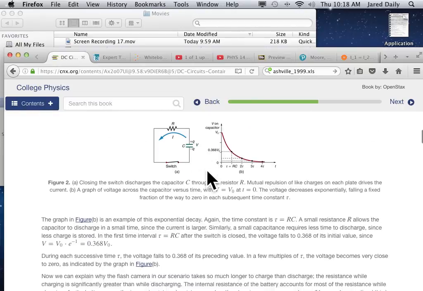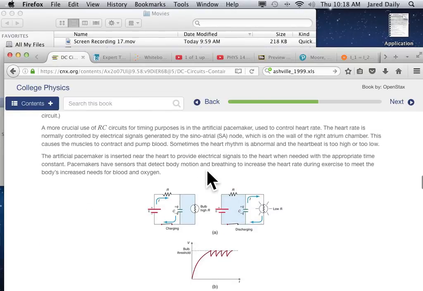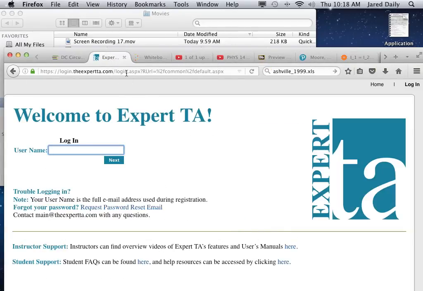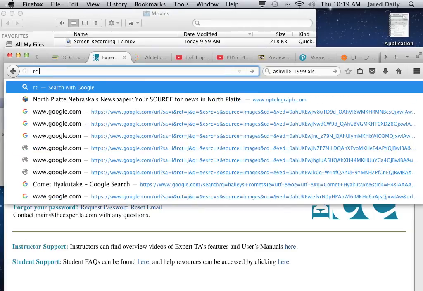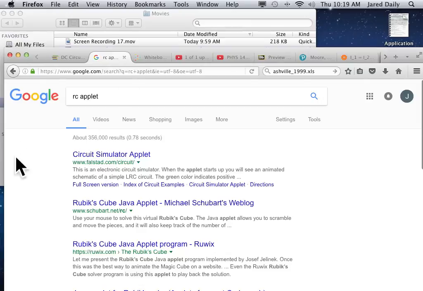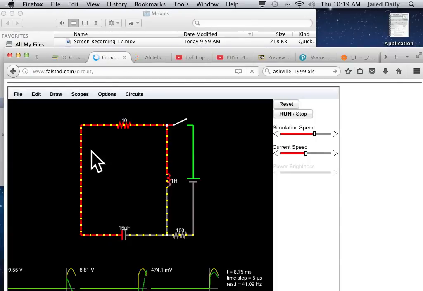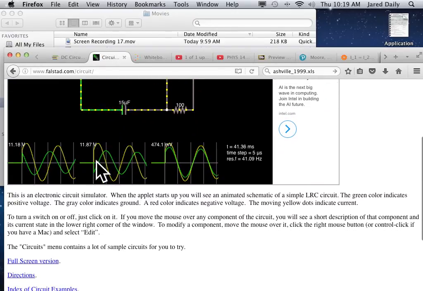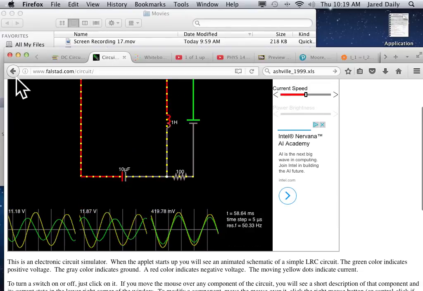I don't know if they have one here. Doesn't look like they have one, so let's go look one up. Okay, let's get rid of, we don't want that one.